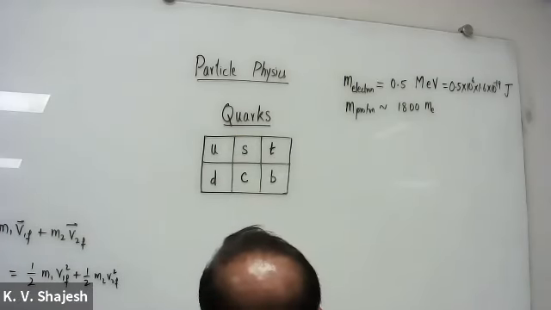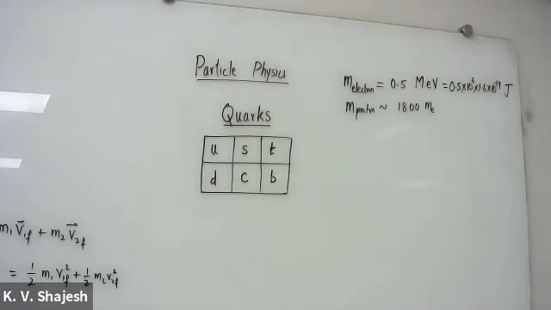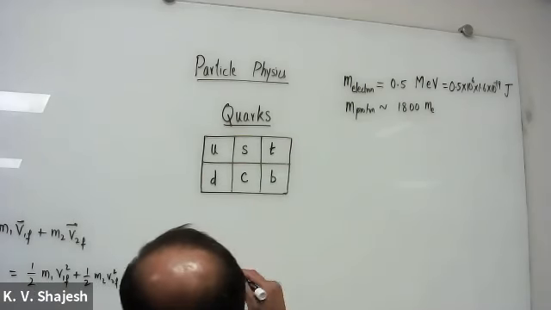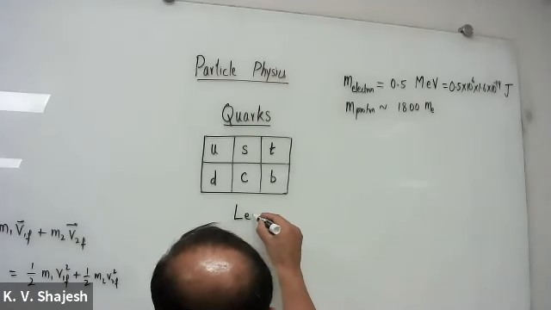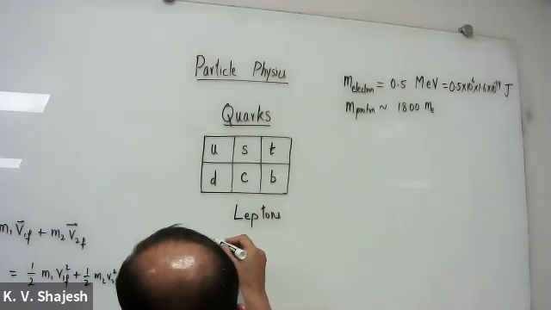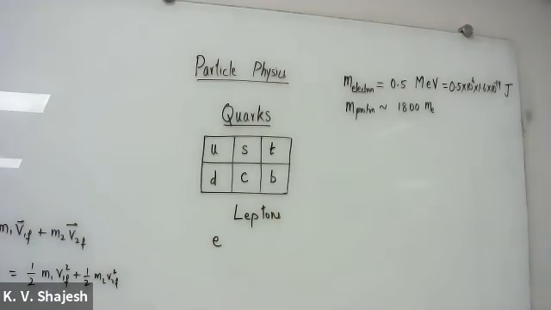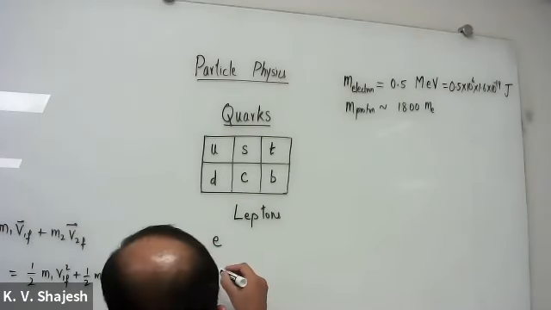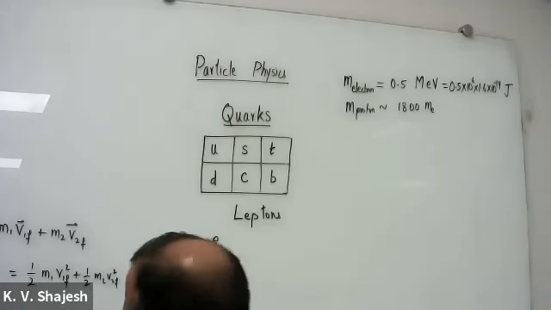Okay, so that's your 6 particles, and remember that each particle can have an antiparticle also, and I'll talk about that in a minute. Another set of particles is where electrons are. These are called leptons. So there is an electron, and for an electron, you associate a particle, the neutrino, which is associated with electrons, so it's called nu e.